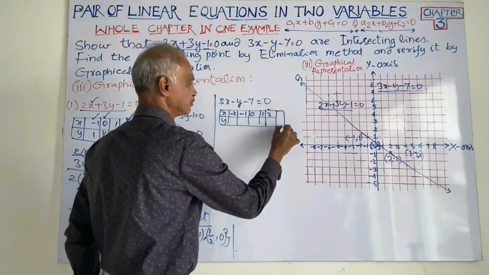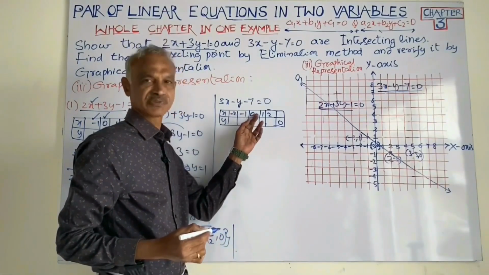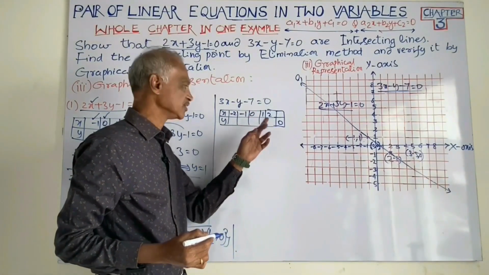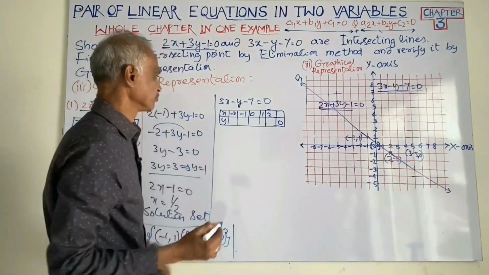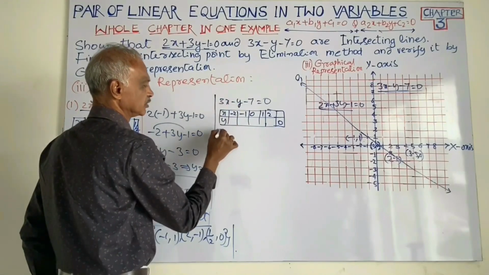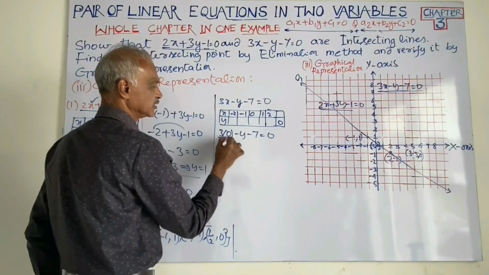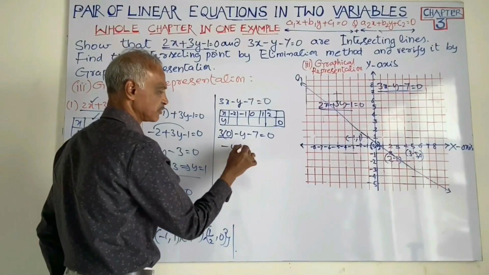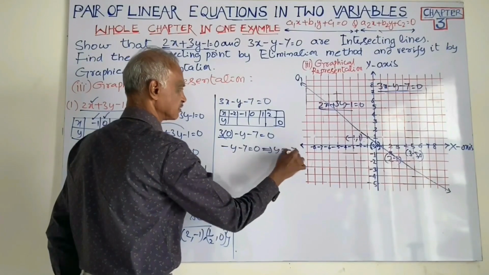What I told you is that it is better to substitute 0 for x, and also 0 for y. First, substitute 0 here: 3 into 0 minus y minus 7 is equal to 0. This is 0, so minus y minus 7 is equal to 0, and you will get y is equal to minus 7.